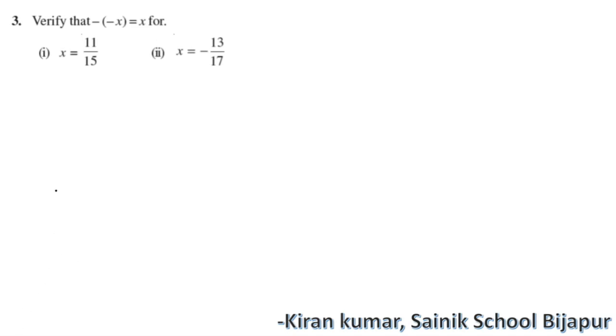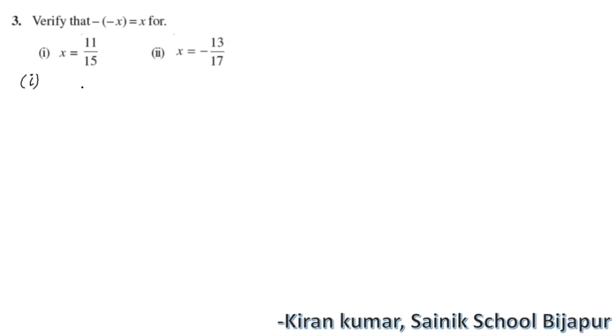Question 3. Verify that minus of minus x equal to x for x is equal to 11 by 15 and x is equal to minus 13 upon 17. Let me take the first one.